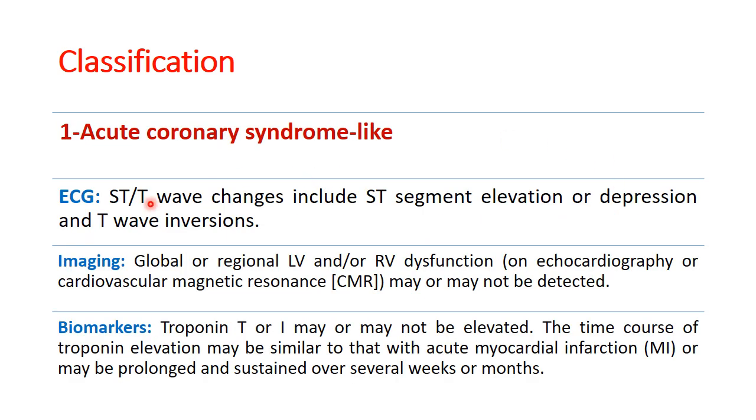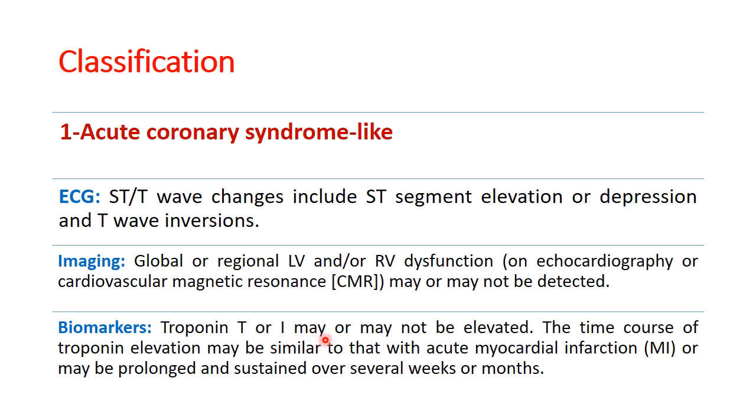In this type of patient, we will observe ST segment changes and T wave changes in the form of ST segment elevation or ST segment depression and T wave inversion.